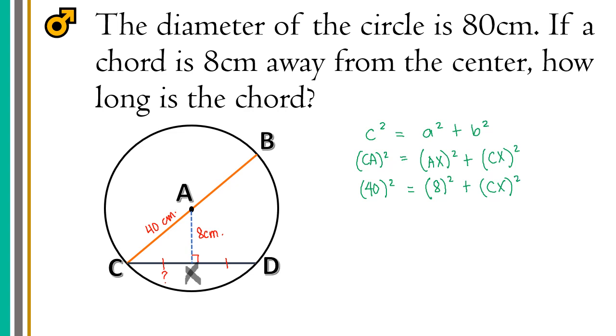Let us get the square of 40, which is 1600, and the square of 8, which is 64. Then just copy the CX for a while and combine like terms. So we have 1600 minus 64.